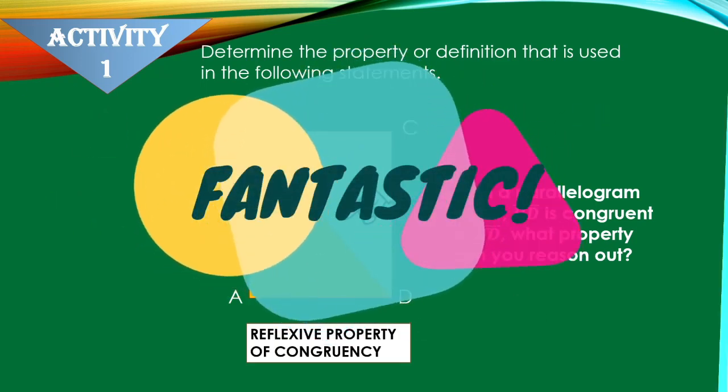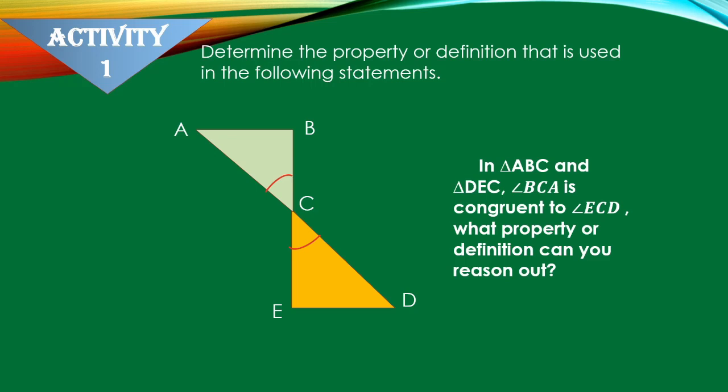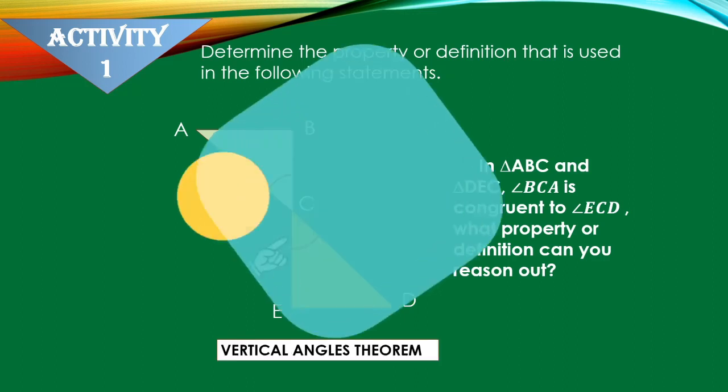That's fantastic. In triangle ABC and triangle DEC, angle BCA is congruent to angle ECD. What property or definition can you reason out? Vertical angles theorem. Very good.